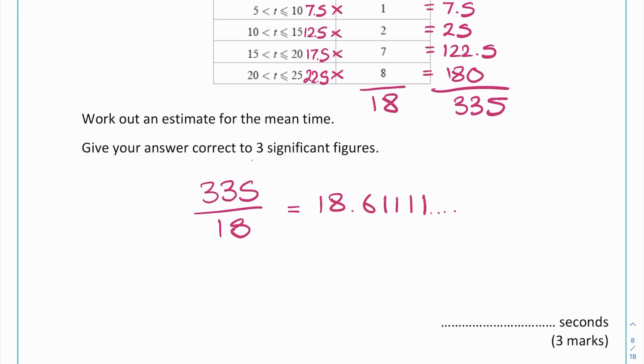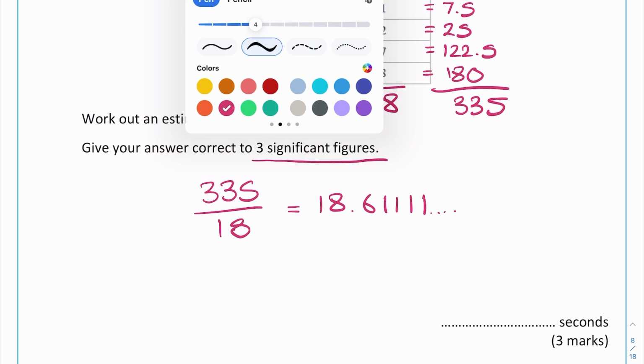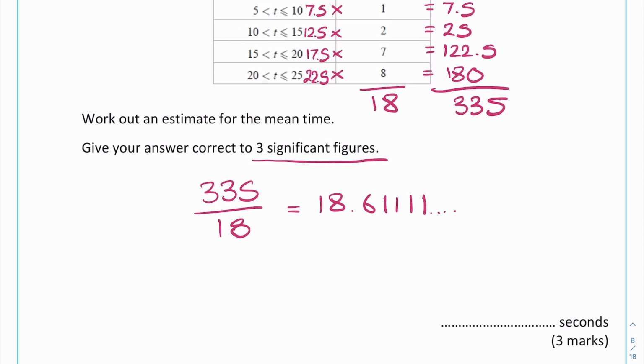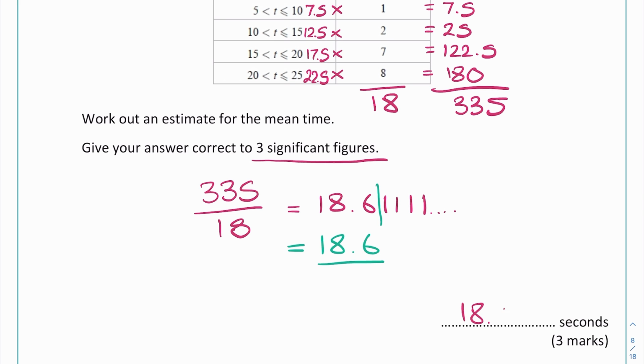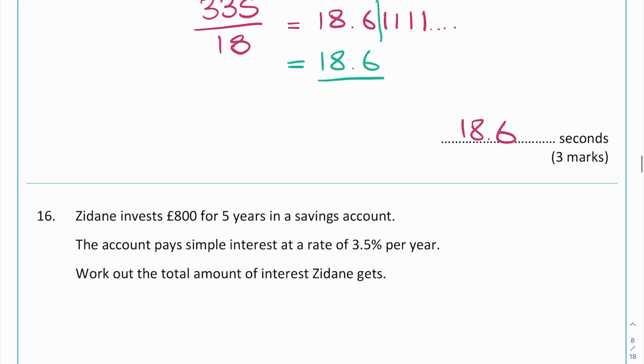It only wants our answer correct to 3 significant figures, so if we go 18.6, chop it after that 3rd significant figure, it's a 1 after the line, so it just stays as 18.6, and that's our final answer. So 18.6 seconds is our estimated mean.